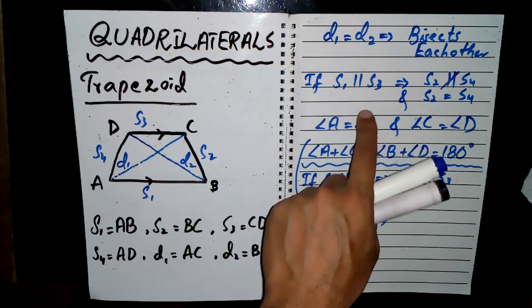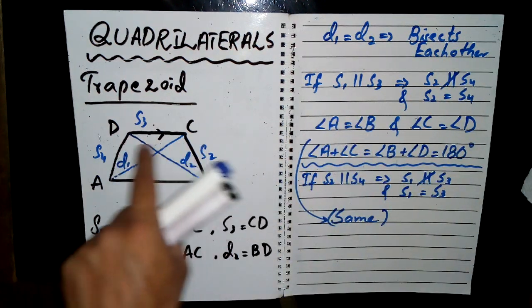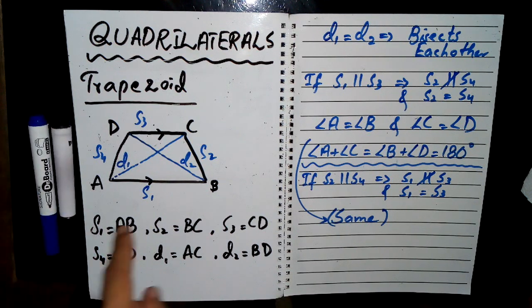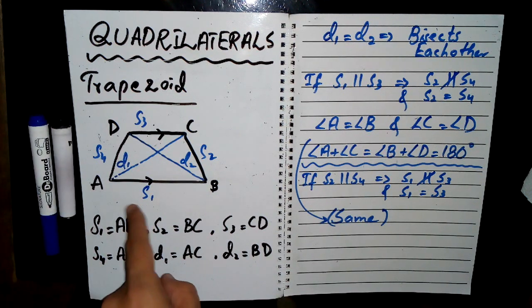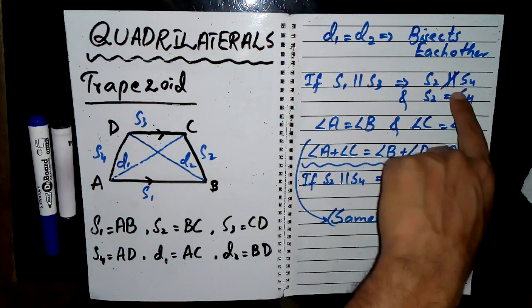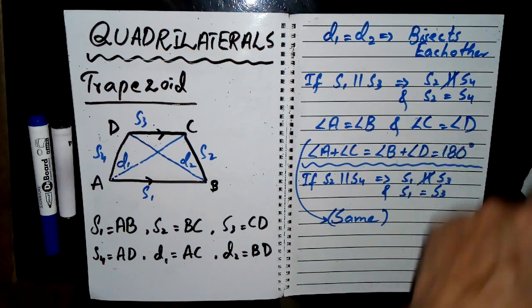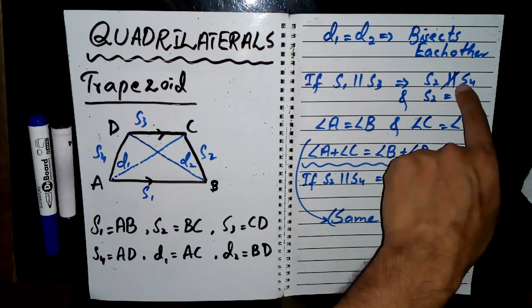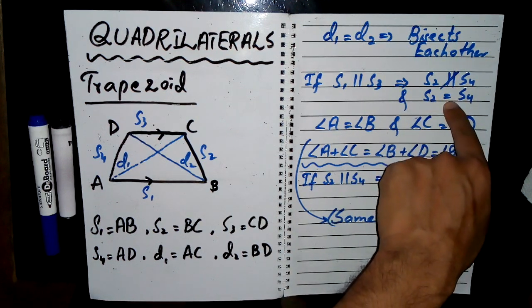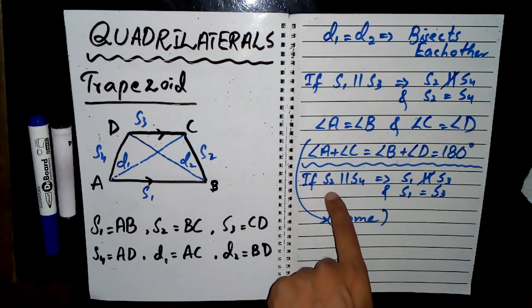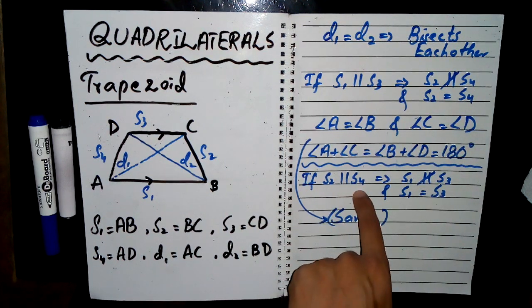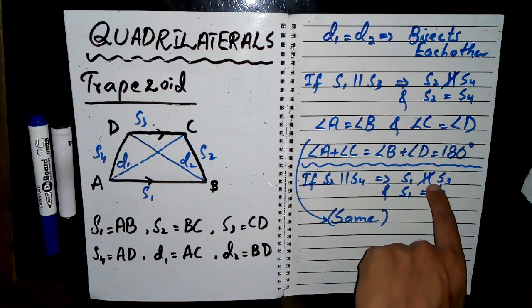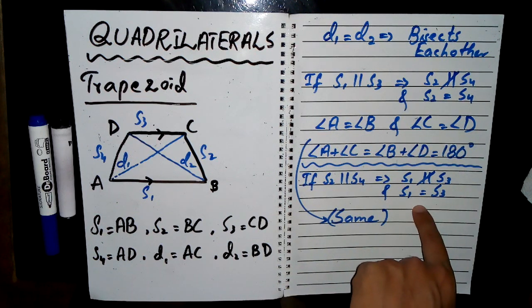If side 1 and side 3 are parallel, as we can see in this diagram, then trapezoid says that the other two sides are non-parallel. We know that in trapezium, but the special condition for trapezoid is that the non-parallel sides are equal. So in the case of S2 parallel to S4, the non-parallel sides S1 and S3 become equal.